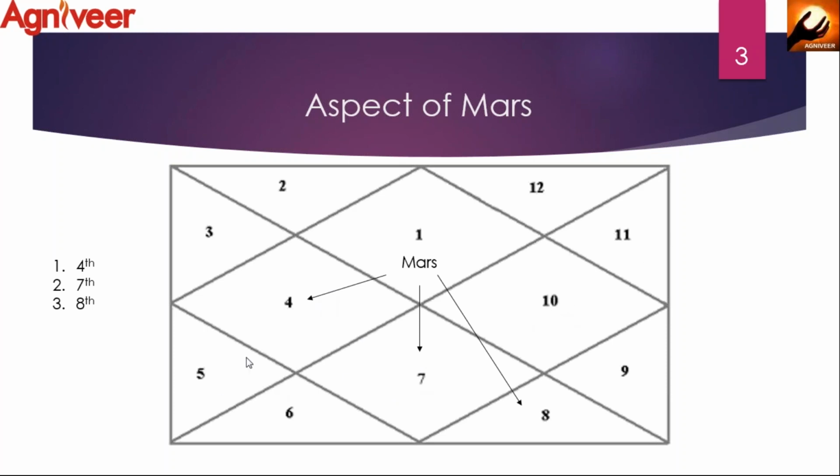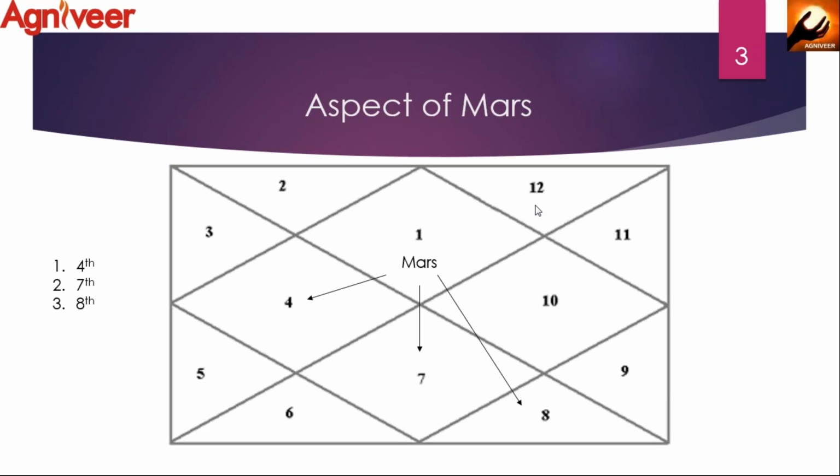Now, suppose it is placed here, now fourth from here, this will be this eighth house, then exactly opposite 11th house, and then one next to it, that will be 12th house. So this is how the aspect will be for Mars. Now, if I take Mars to the 12th house, Mars will be aspecting my third house, my sixth house and my seventh house.